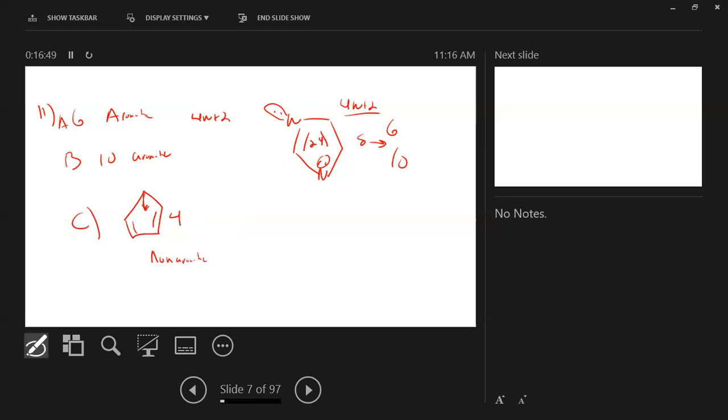Compound D, it has 6, so this is going to be aromatic. Compound E has 2, 4, 6. This is also aromatic. This would be sp3, sp2, sp2, sp2, sp2.